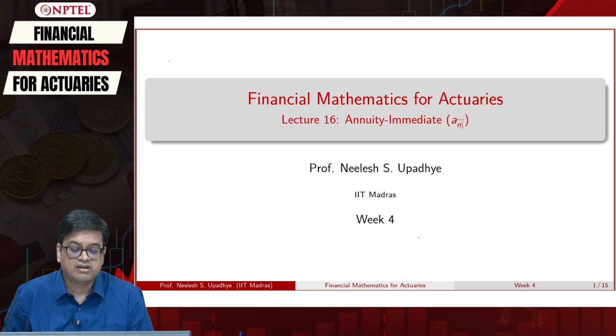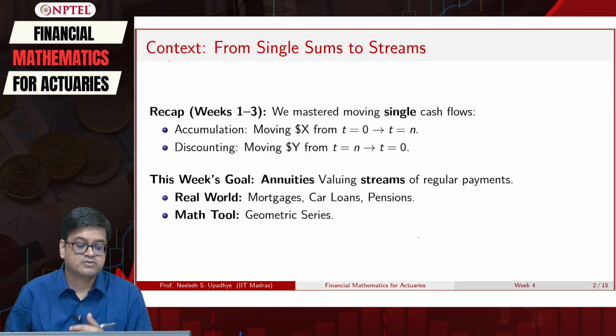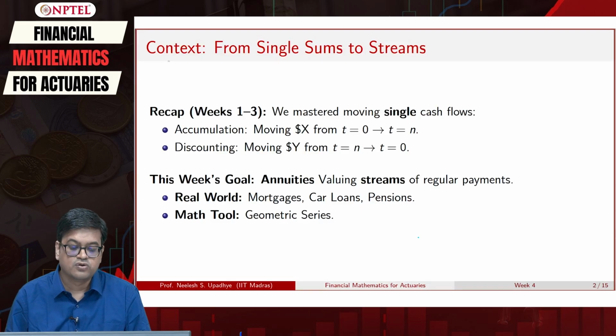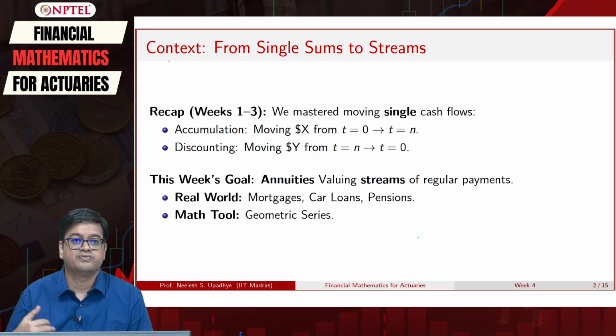So what we have learnt so far in weeks 1 to 3 is if we have a single cash flow, we know how to effectively navigate from time 0 to time n. When we are navigating from time 0 to time n, we are calculating the future value. When we are navigating from time n to time 0, we are actually calculating the present value.